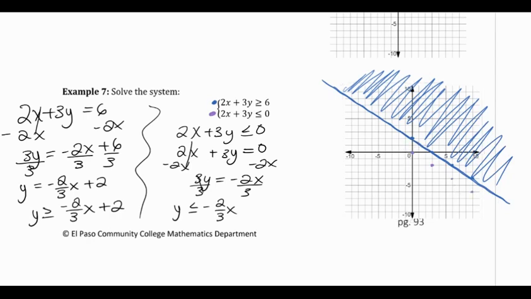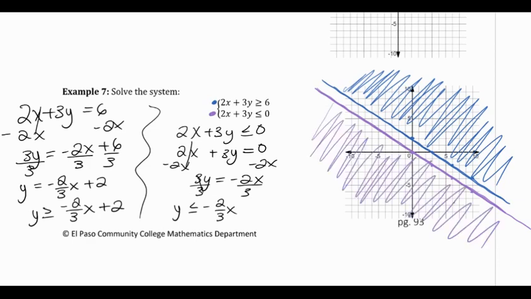This is also a solid line. And for this one, it says that it's less than or equal to, meaning we're going to shade under. So what's happening over here? If you notice, my shading is not overlapping at any point. That means that this inequality system has no solution.